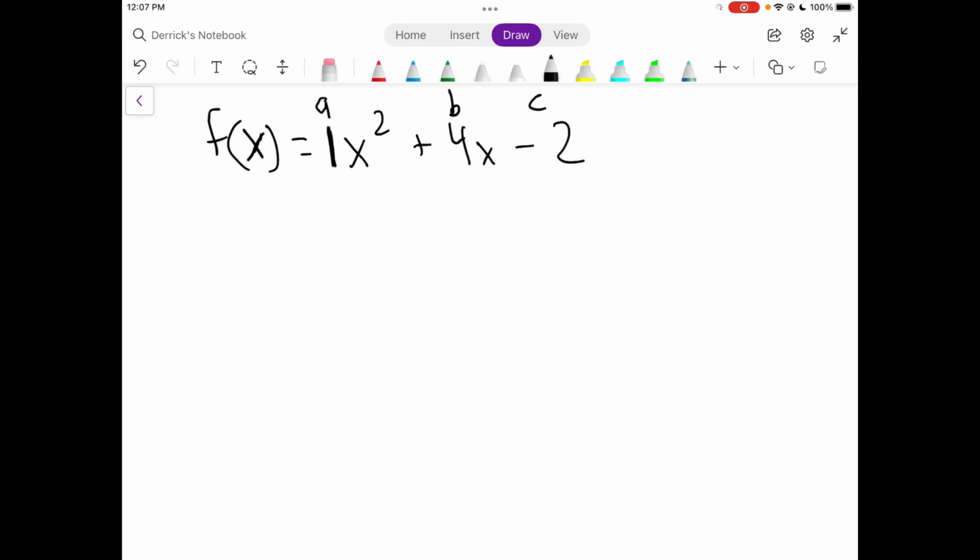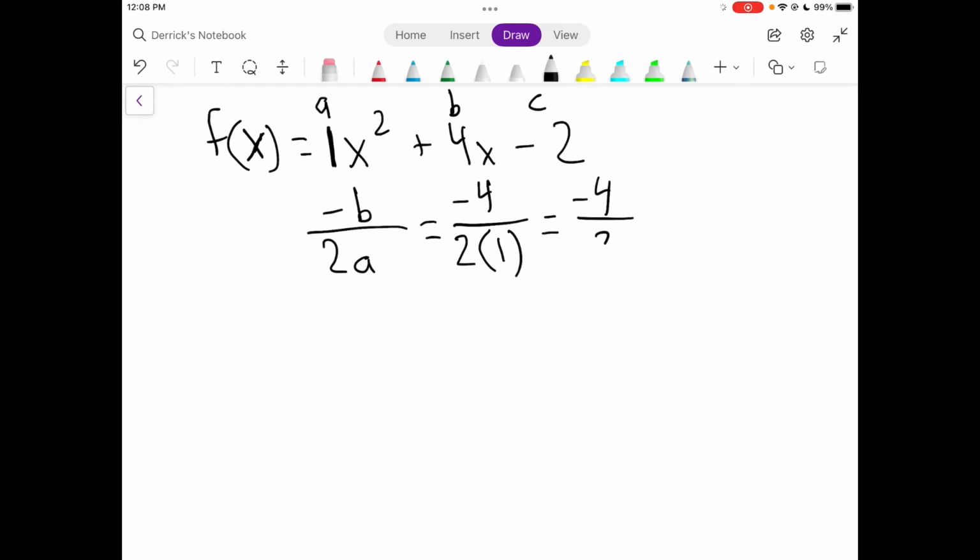So if I use our formula, I guess, if you want to call it that, of negative b over 2a, well, my b value is 4, so the negative of 4 is negative 4, and then I'd have 2 times our a value of 1. Well, 2 times 1 is 2, so we'd have negative 4 over 2, which would give us negative 2.